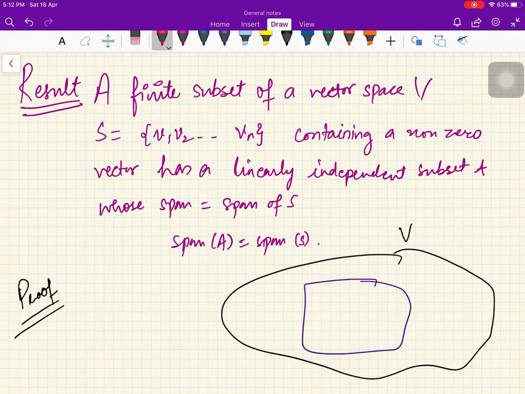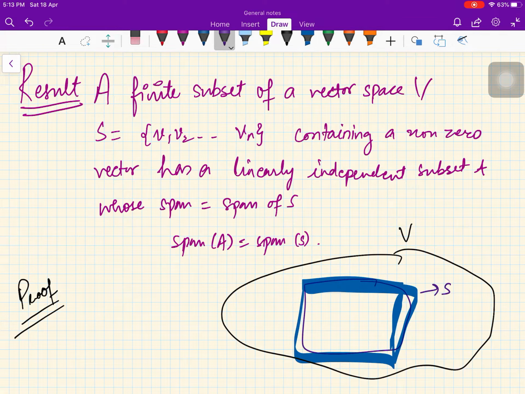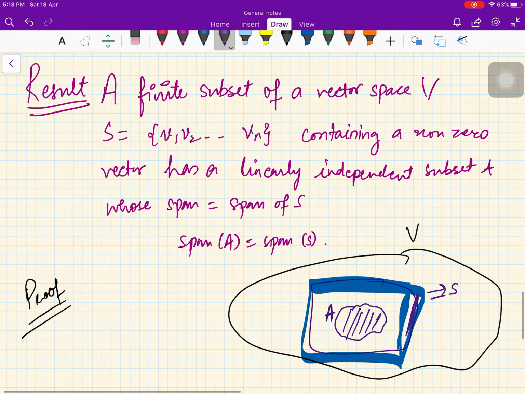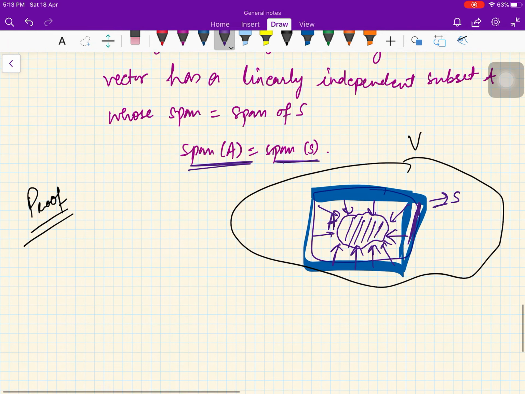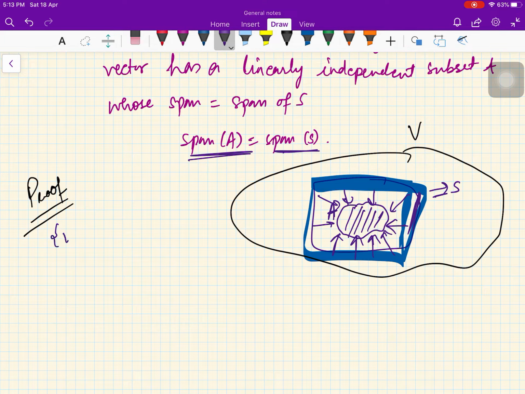Suppose you have a vector space V and inside that vector space you have a subset S. Then we are saying that if it contains at least one non-zero element, inside S you will for sure find a subset A which is linearly independent and whose span is equal to the span of S. So you can always shrink down to a smaller set because we are worried about spans only, and you can have a smaller set which can work for you. So let us prove it.